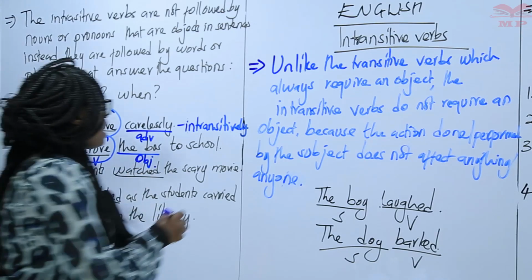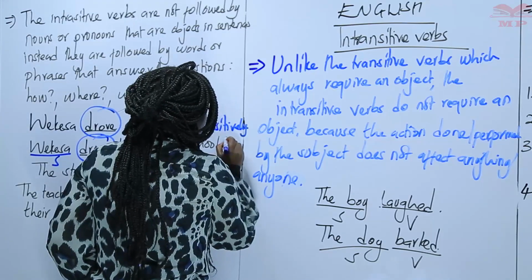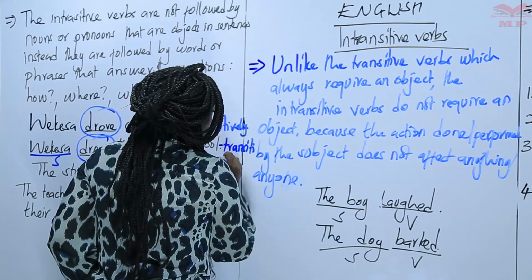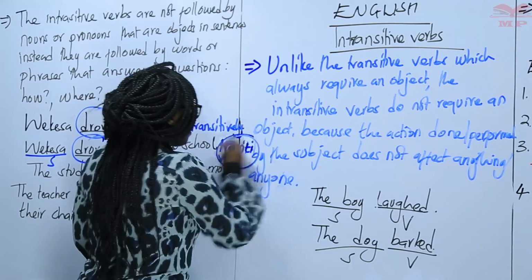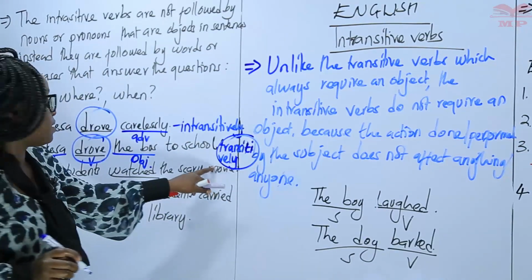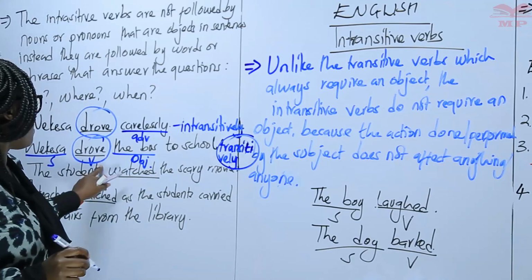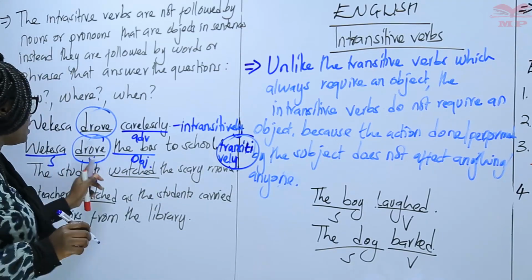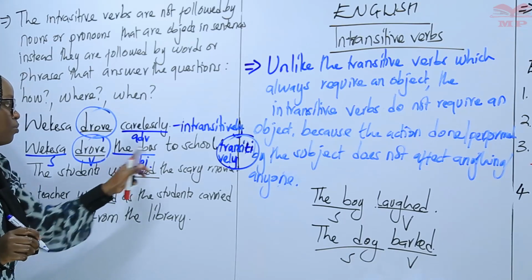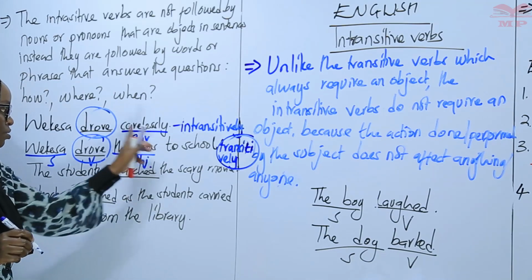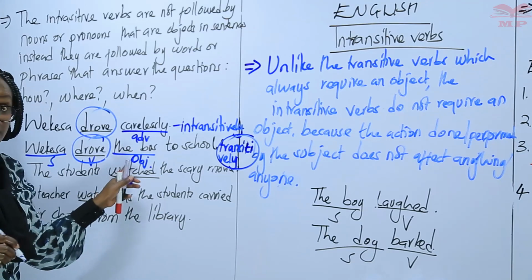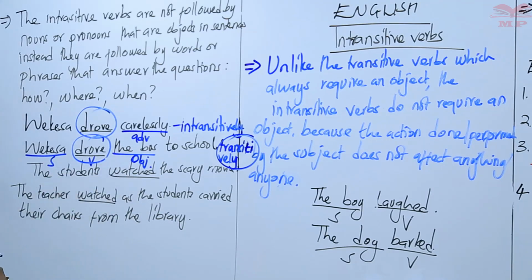So in this sentence, it has actually been used transitively, because it is followed by the noun phrase the bus, which is the object in the sentence. Let's go to the other sentence.